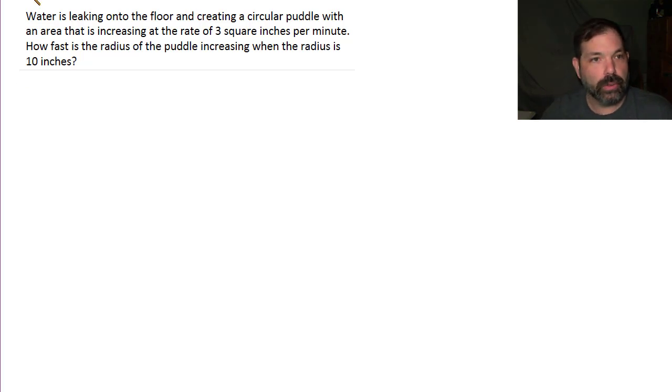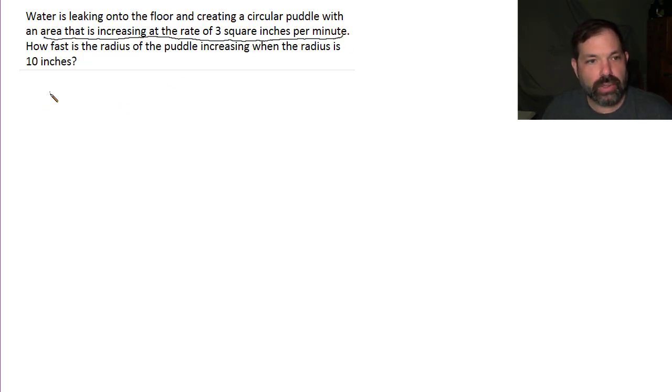So here's what I would do. The water is creating a circular puddle. Circular, okay? I know some things about circles. With area, I know how to talk about the area of a circle. Let's see what we have here. The area is increasing at the rate of 3 square inches per minute.